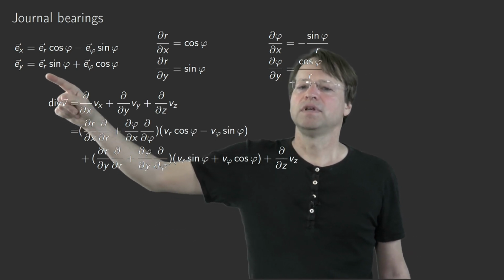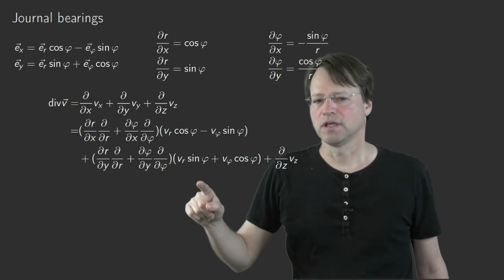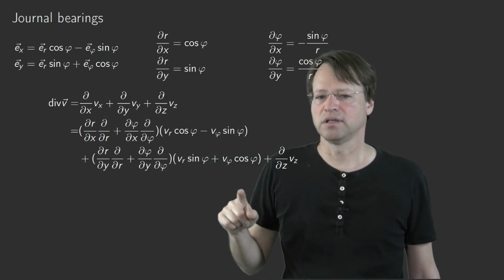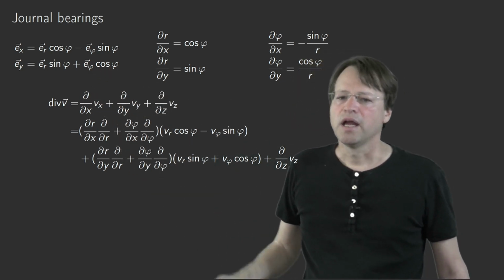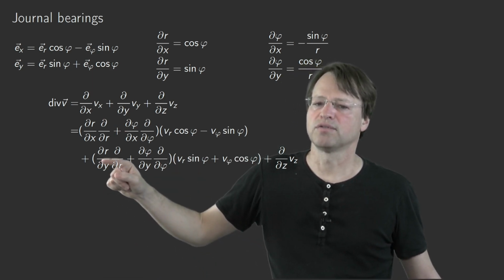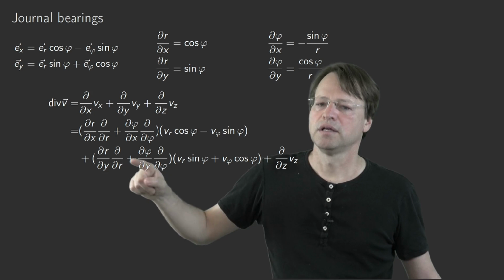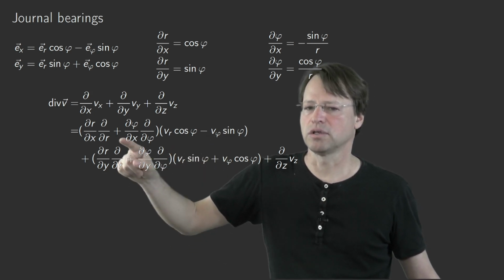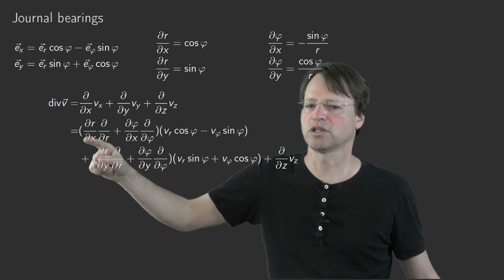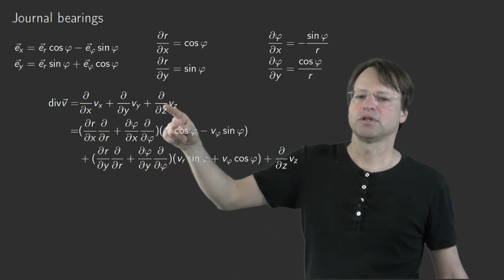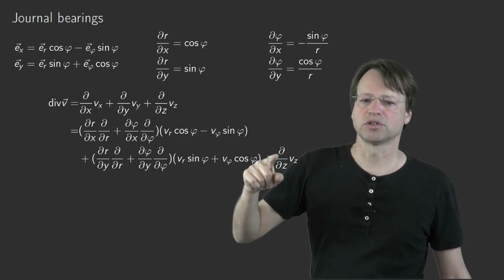So we get v sub r sine phi, here it is, and we get v sub phi cosine phi, here it is. And for the derivative, we now get the derivative of dr by dy, d by dr, d phi by dy, d by d phi. So the same as here, but you exchange the x to a y. And then finally there's a last term, and as you can see, that last term is just copied.